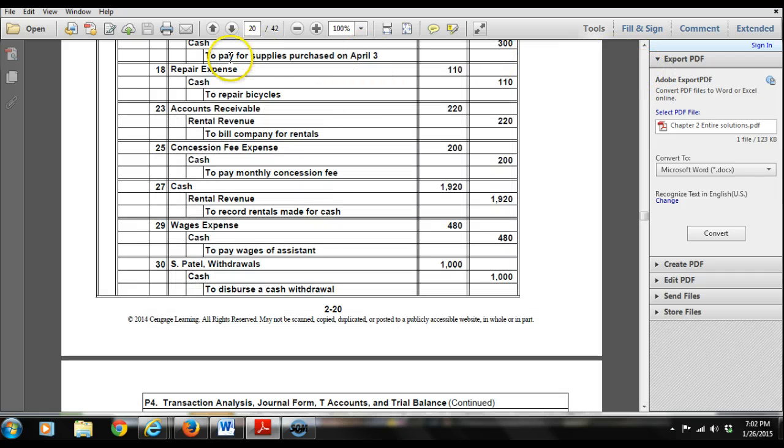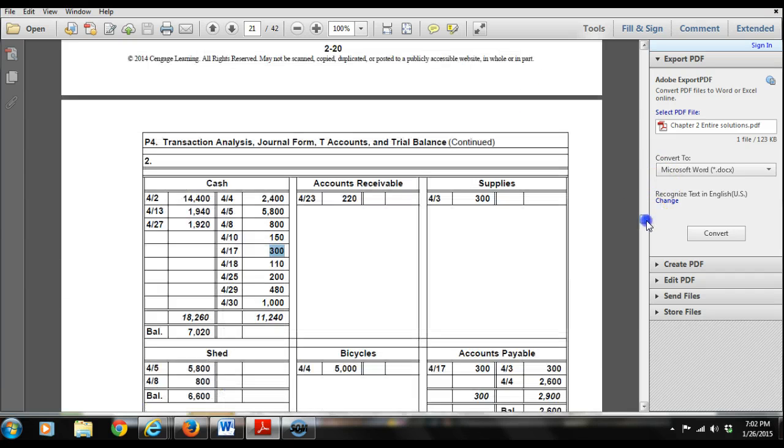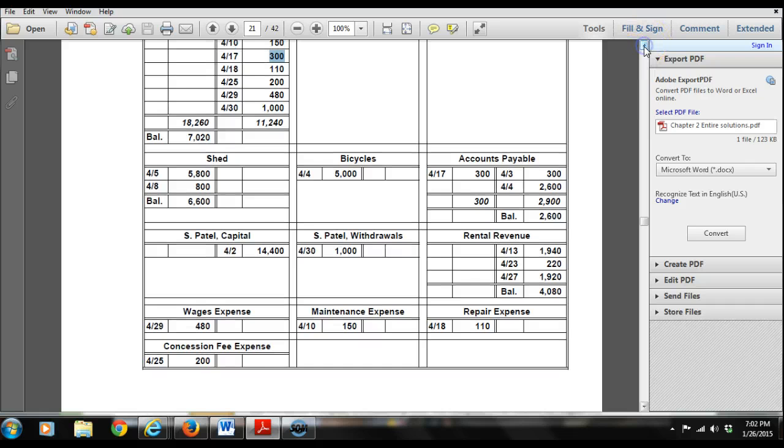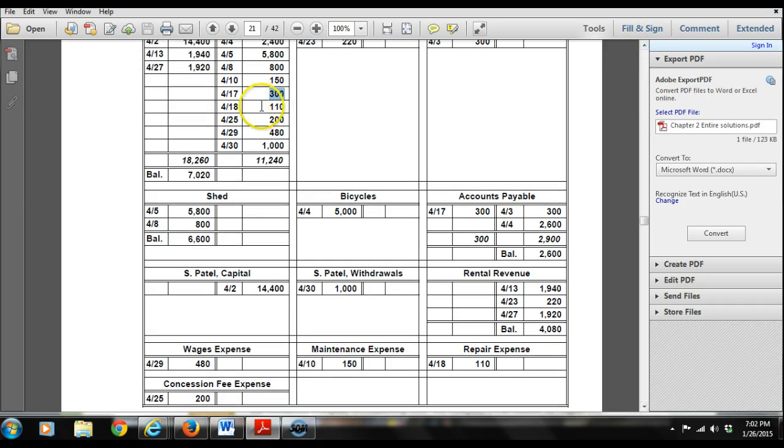Next, we have a debit to repair expense for $110, a credit to cash for $110. We have our repair expense here on April 18th, a debit of $110, and we have a credit to cash of $110.